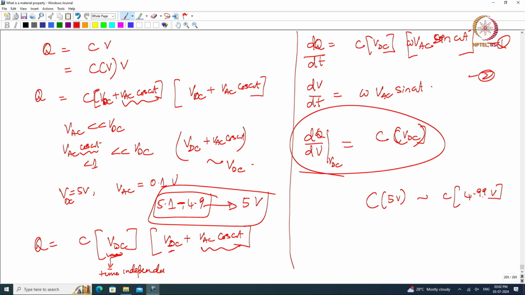That is the approximation in small signal analysis, which is a reasonable assumption. I do not really care if the voltage is varying between 4.99 and 5.1, I just give that value as capacitance at 5 volts. So, capacitance is not changing with time, but only with the DC voltage applied. Then I can measure capacitance as a function of DC voltage, and there I get these sorts of plots.